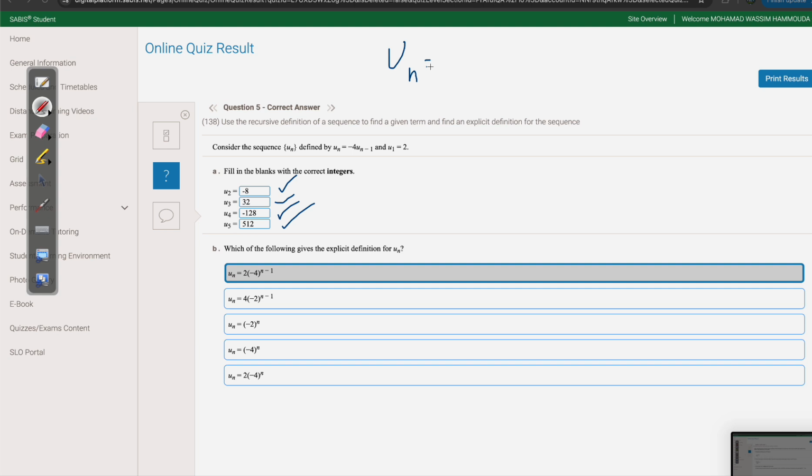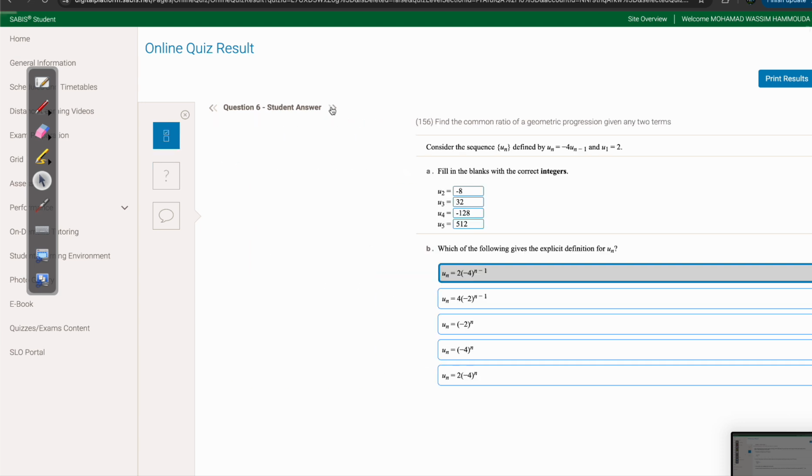What did we say the rule of a geometric sequence was? u1 times r to the power of n minus 1. R in this case is the thing we're multiplying by constantly, which is -4. So we're just gonna put -4 here, and simply that's what we got. On to question number 6.